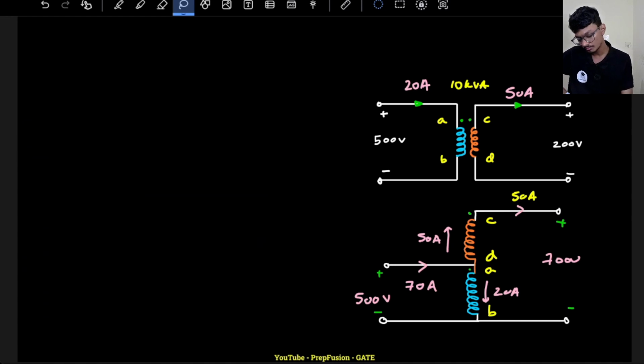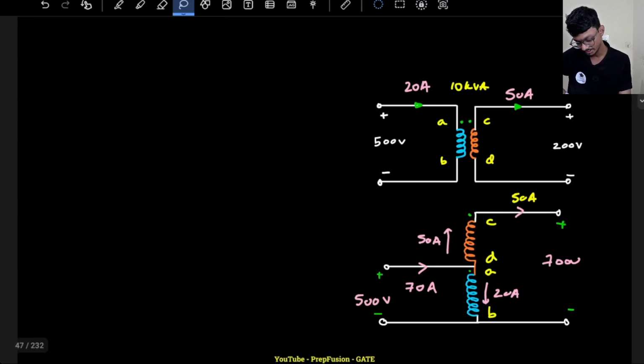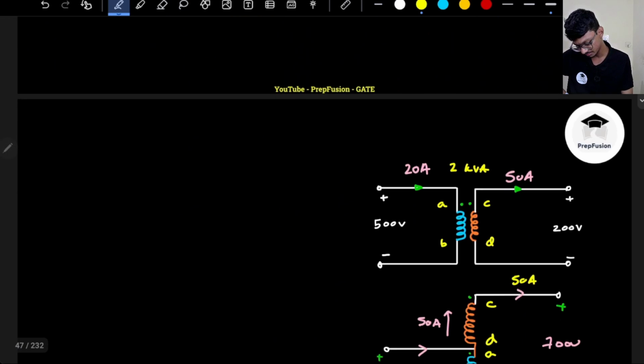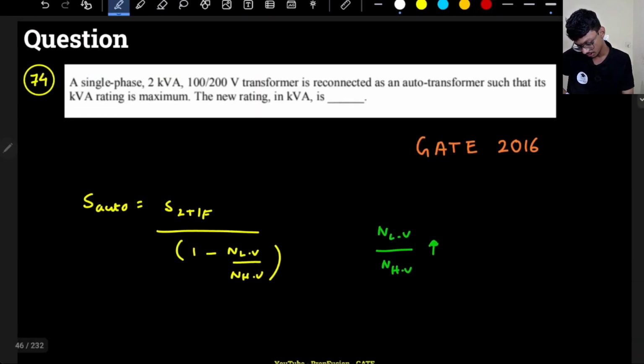So my two-winding transformer rating is 2 kVA. The primary voltage is 100 volts and this is 200 volts.